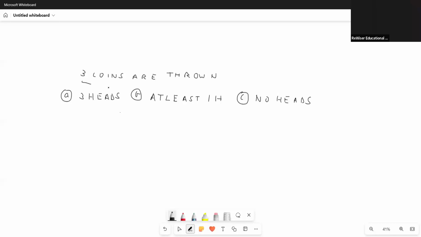As I told you earlier, if 3 coins are tossed, the total number of outcomes has to be 2 to the power 3, which is equal to 8. So we have to list the sample space, that is, what the outcomes can be. The outcomes can be head, head, head. That's one outcome. The other one could be head, head, tail. Head, tail, head.